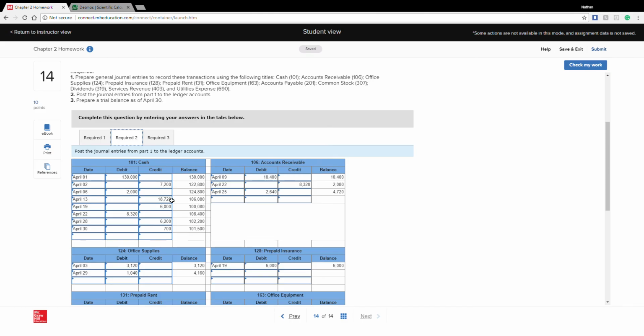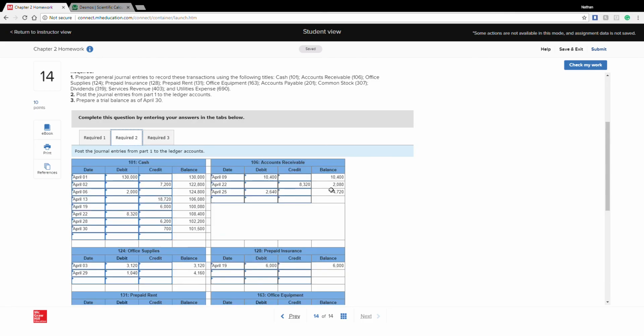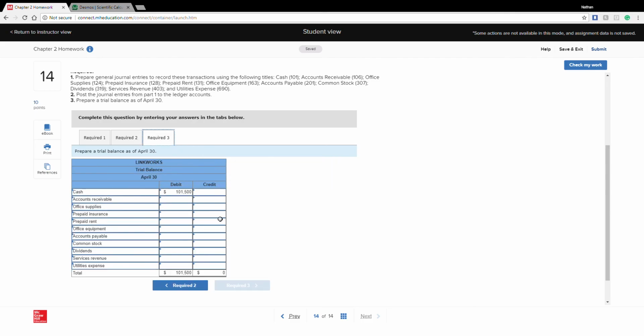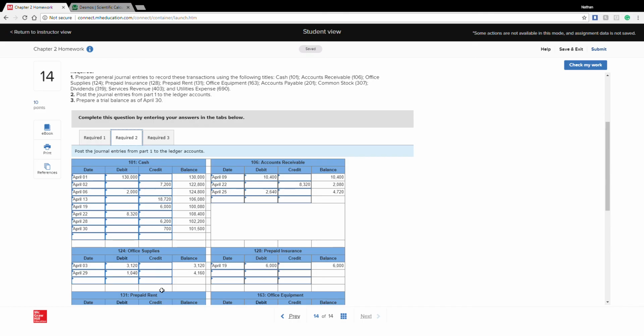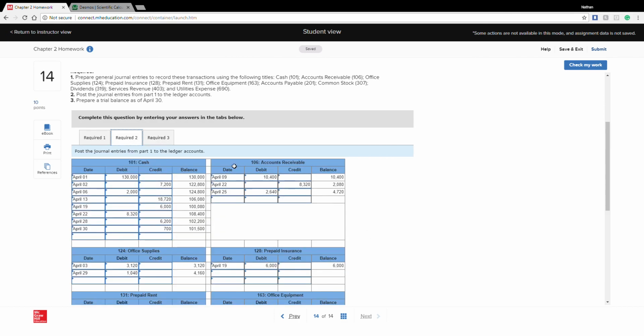So all assets, again, are debits. So, again, 4720. Office supplies, we have 4160. So again, all these should be positive. If you have a negative, you may need to double check things.